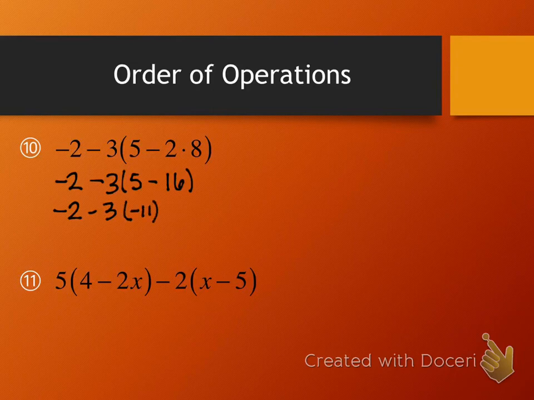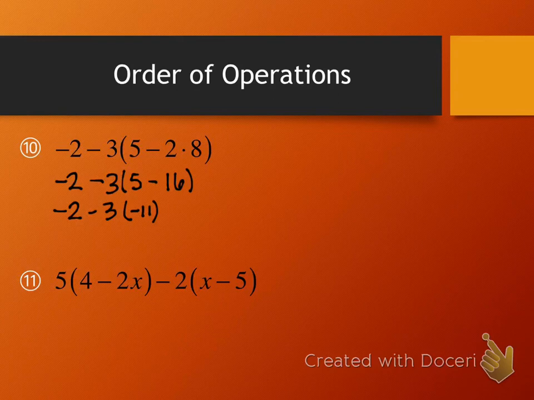Now, while there's still parentheses here, the parentheses don't fall under the P parentheses category. All this parentheses is doing now is not recommending, but telling us we need to multiply, right? We need to multiply that -11 by what's next to it. In particular, it's a -3. So at this point, all I have left is some sort of addition or subtraction going on right here, eventually.